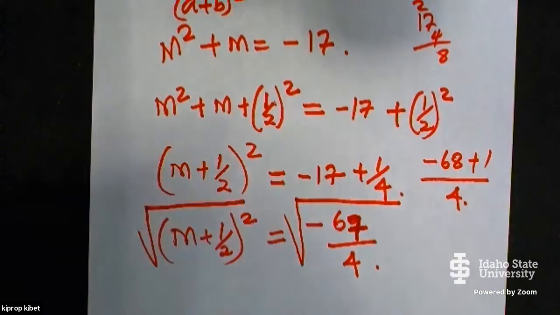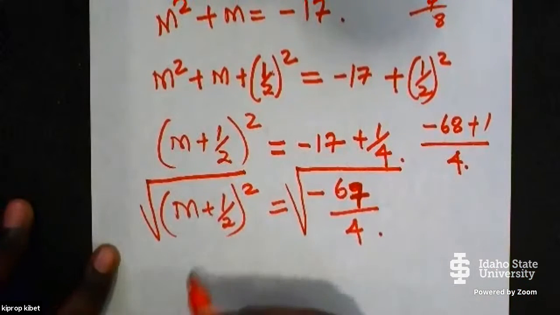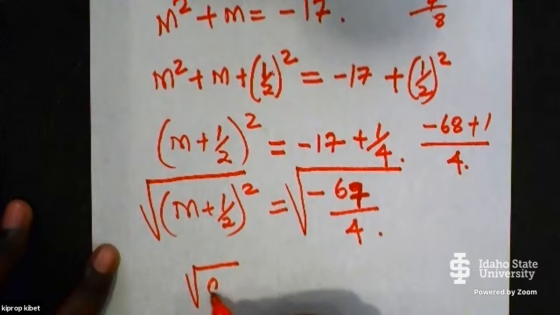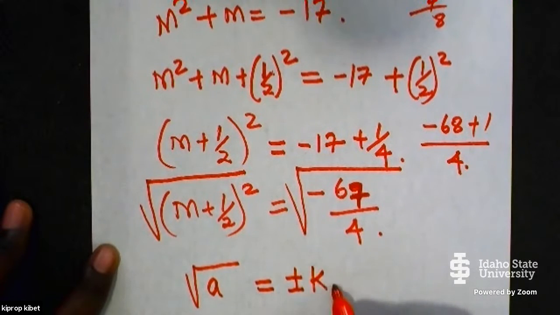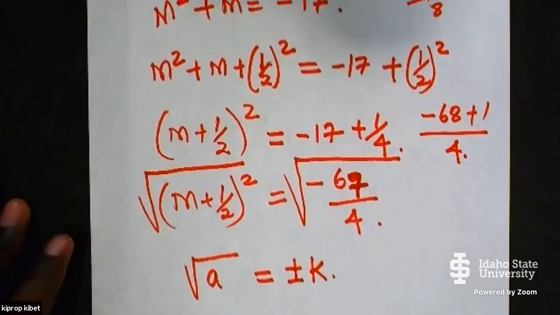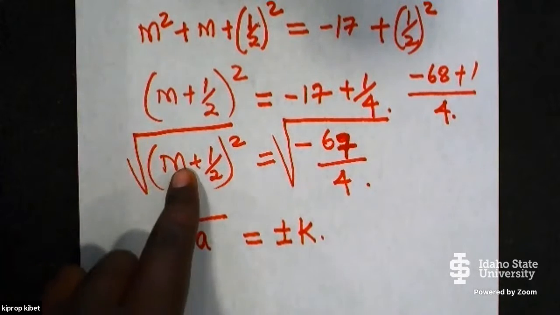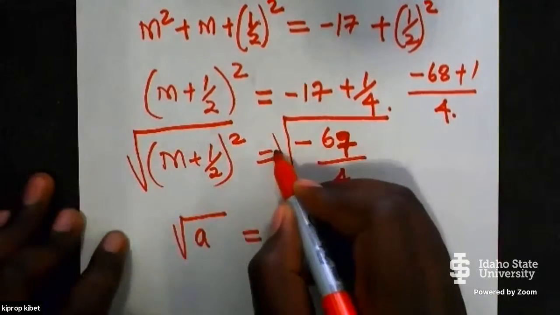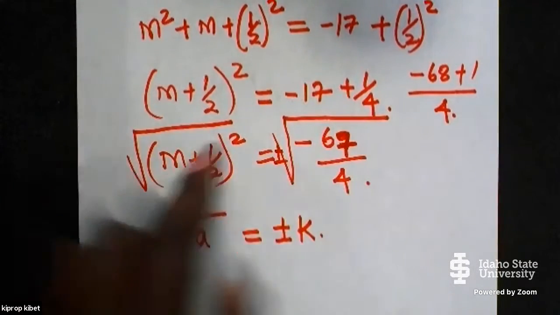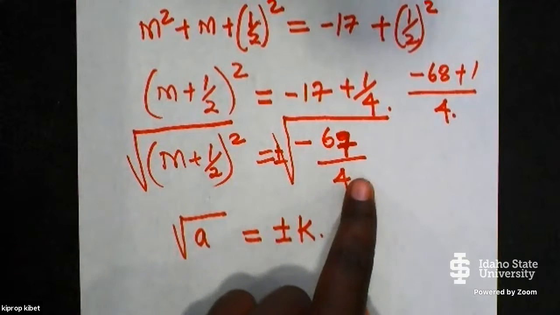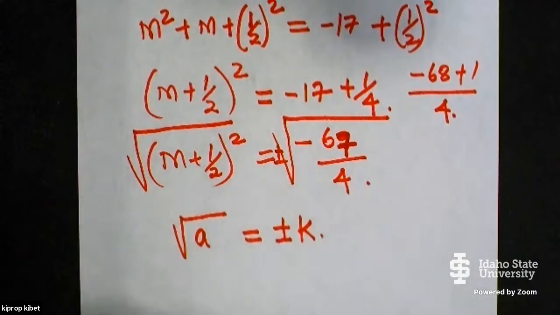If you remember the square root property, the square root of a equals plus or minus k. So if you get the square root of this, it is similar to plus or minus this one.